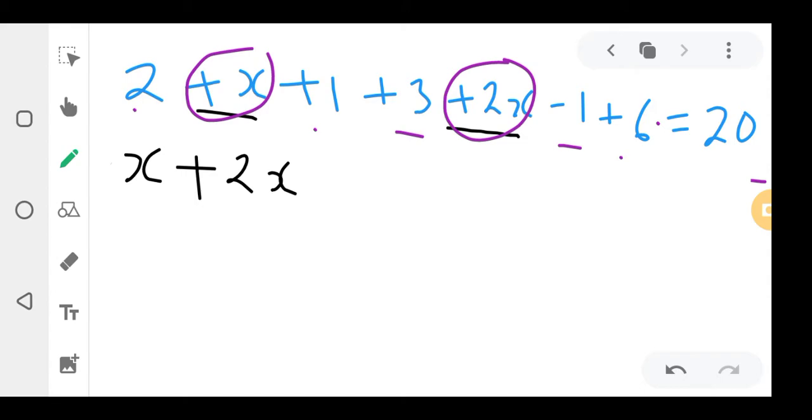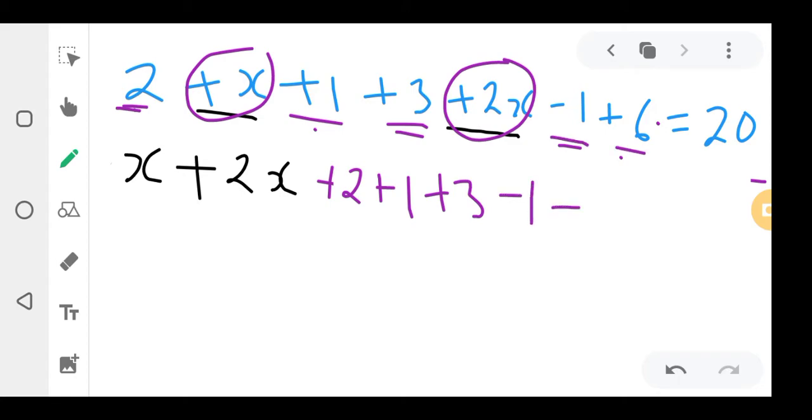So 2 plus 1 plus 3 minus 1 plus 6 must be equal to 20. The x plus 2x is 3x. 2 plus 1 is 3, 4, 5, 6. 6 minus 1 is 5. 5 plus 6 is 11.